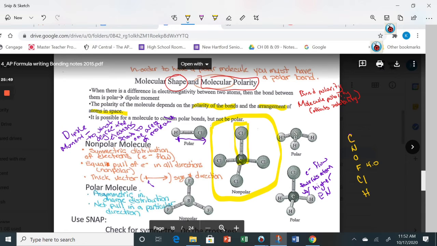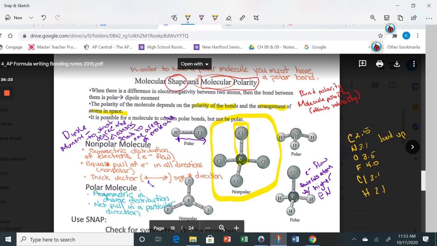Oxygen is 3.5. Chlorine might now be considered 3.1 or 3.2. Hydrogen's 2.1, that one I know. Nitrogen I think is also 3.1, and I can't remember. Carbon's 2.5. But look them up and double check. If you know these, it'll help you. You don't have to know them. You can predict by location.